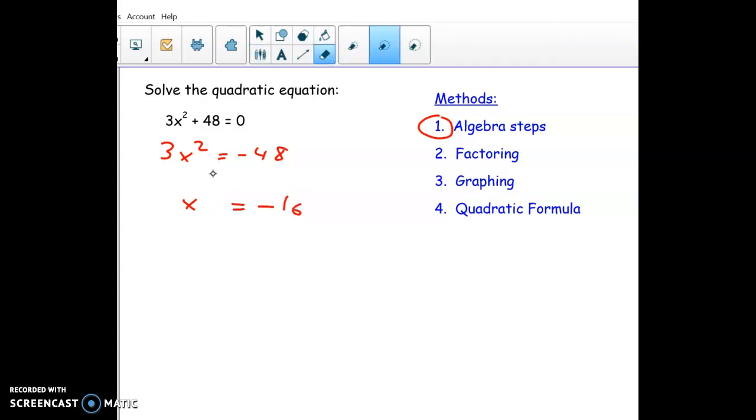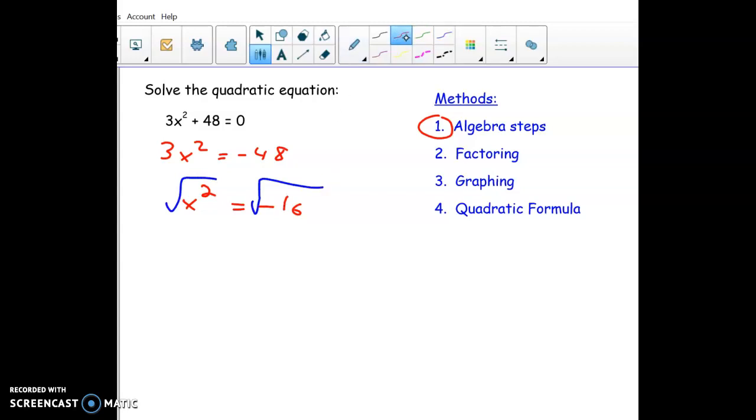Sorry for the poor handwriting. Now just take the square root to cancel it out. Don't forget that this will be two answers, so we get plus and minus, and the square root of 16 is 4. So the square root of negative 16 is 4 imaginary. Our two answers are positive and negative 4i.